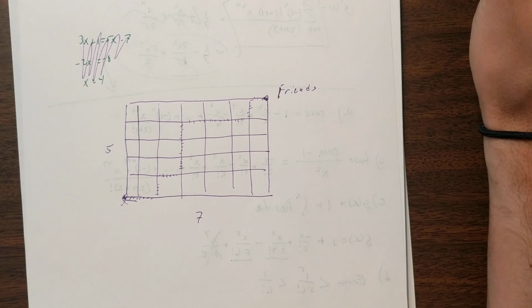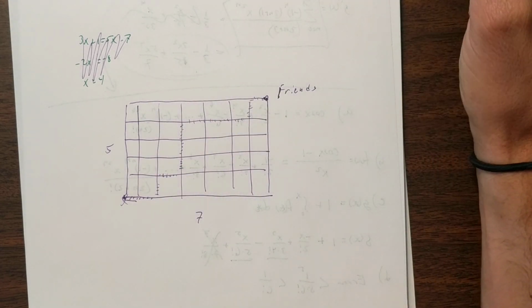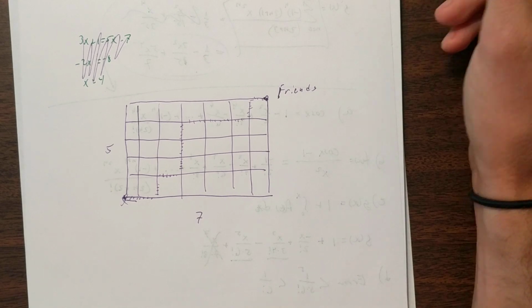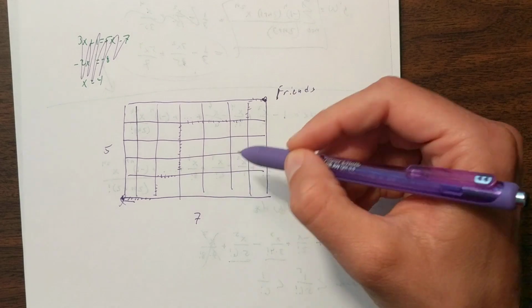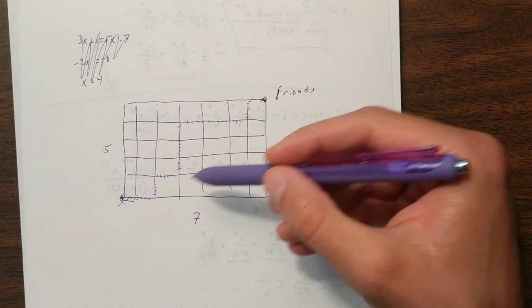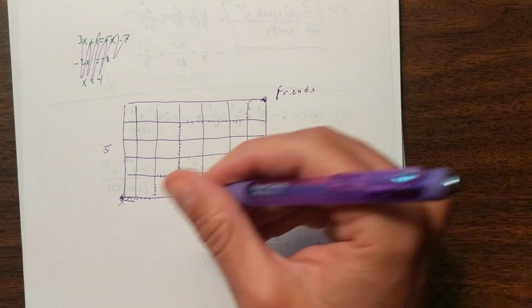Well, you can go through and count them all. It would be really horrible. But how many different routes without backtracking or making the walk longer than it needs to be? So how many different routes?